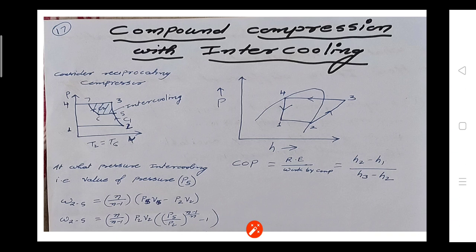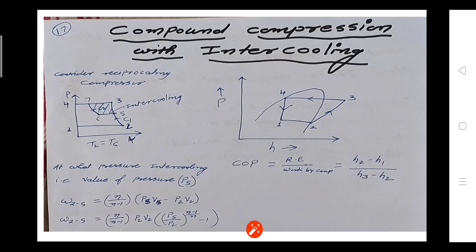Here in this PV diagram, we consider a reciprocating compressor. In the actual process 1 2 3 4, the 2 to 3 is the compression process. Instead of going in a single compression 2 to 3, here we first compress only 2 to 5, and we trap this process at an intermediate pressure, at point 5. At what pressure we are trapping that process, we'll see later on.